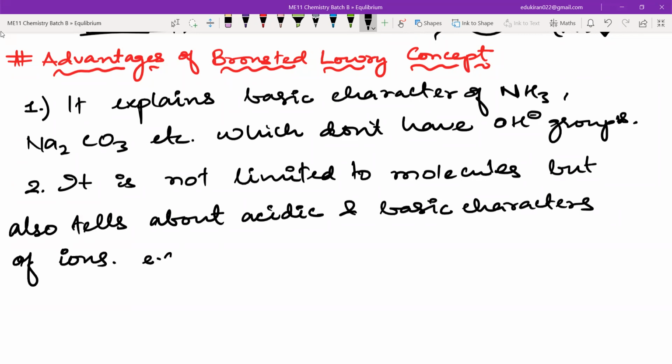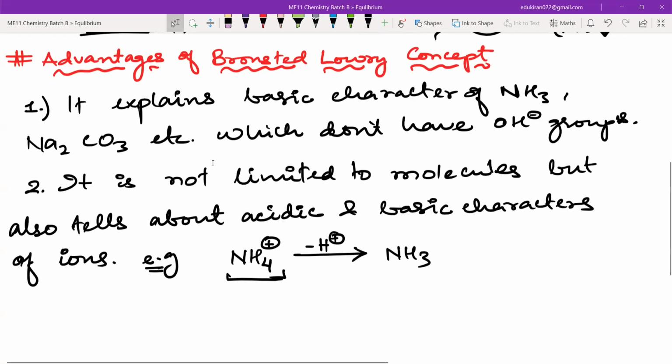For example, if I look at NH4 positive, it has only the tendency to lose H plus ions and it will become NH3. So this is an ion, NH4 positive, and it is acting as an acid.